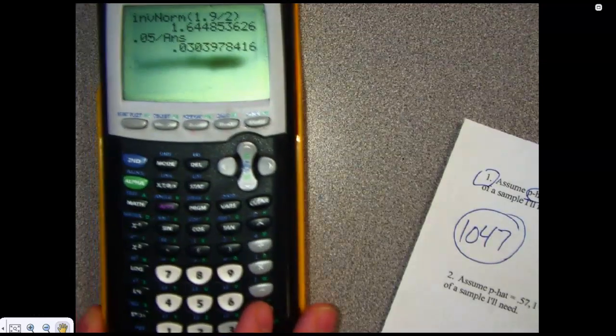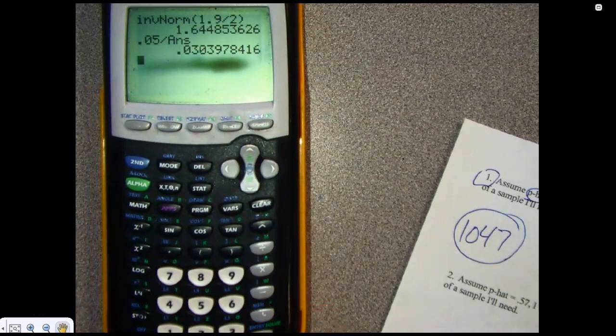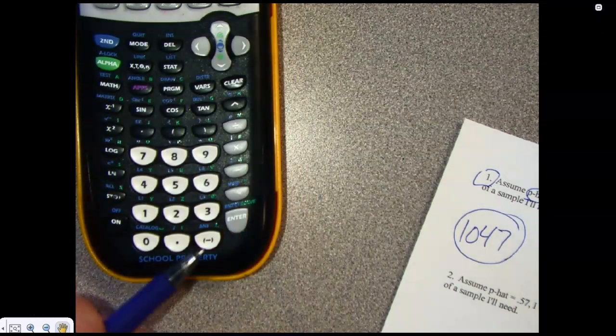So I took the 0.05, that was on the other side, right? I divided it by the 1.645, but I want to use the calculator stored version of it. Which one? The answer? You hit second and then the negative sign at the bottom.